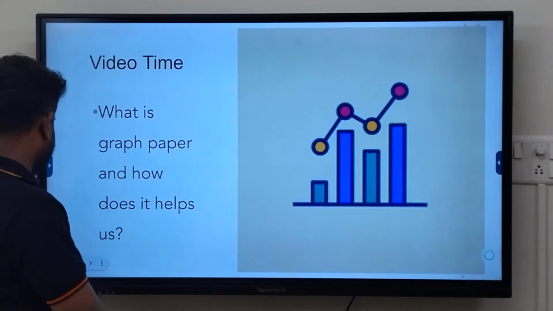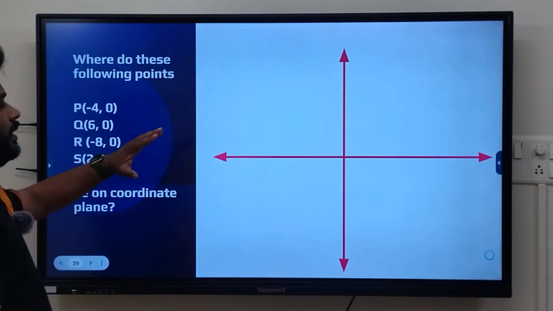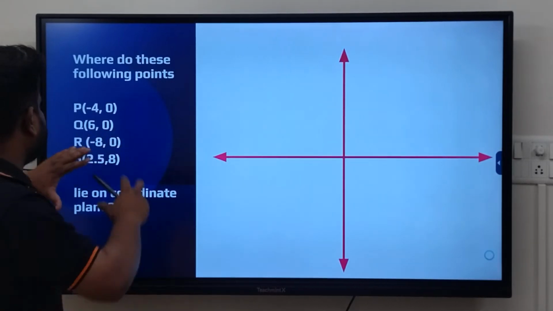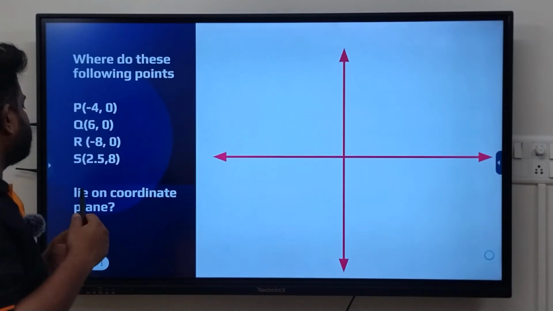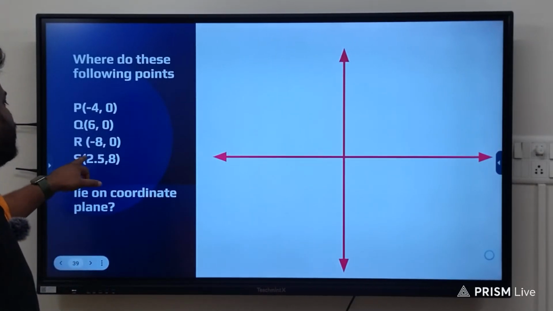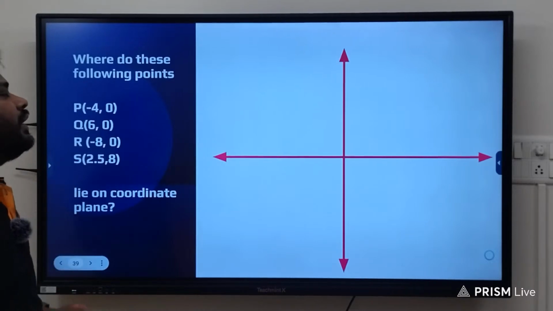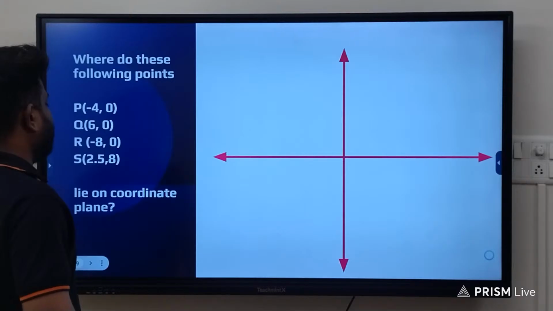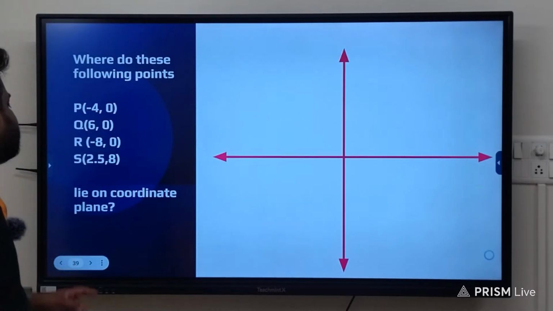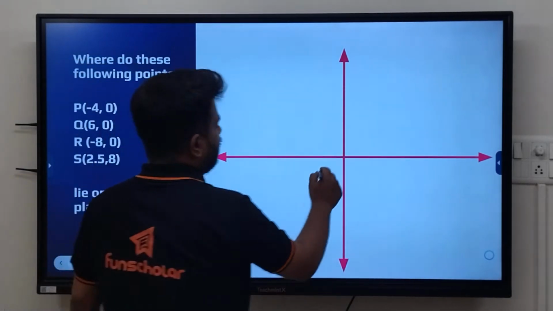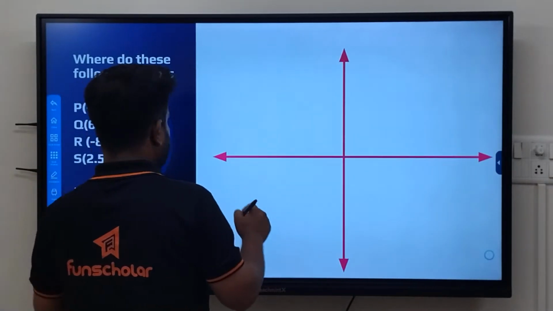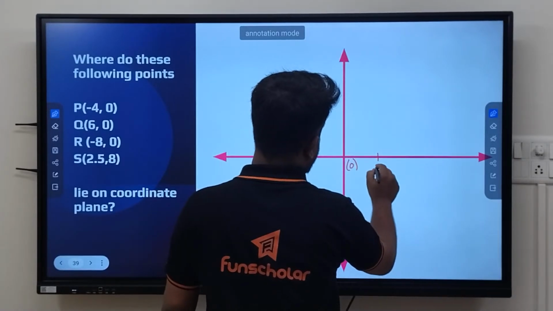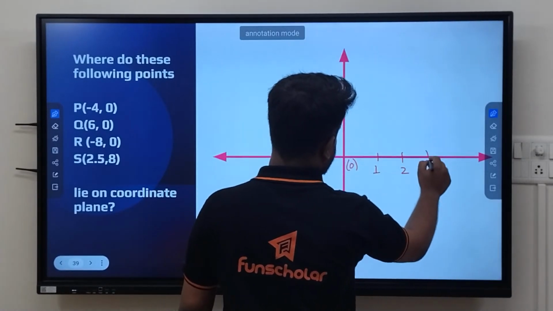Let's see the next one. They didn't plot it yet, but you can also do it at home. Q and R are your home task, you have to do them at home, and I am doing number S. S is telling us 2.5, and we know that if this is 0, this will be 1, this will be 2, this will be 3.